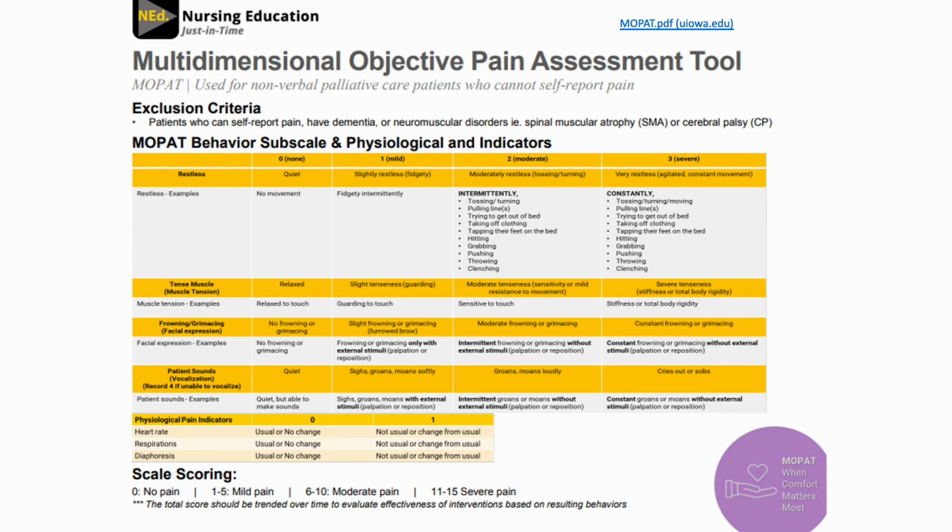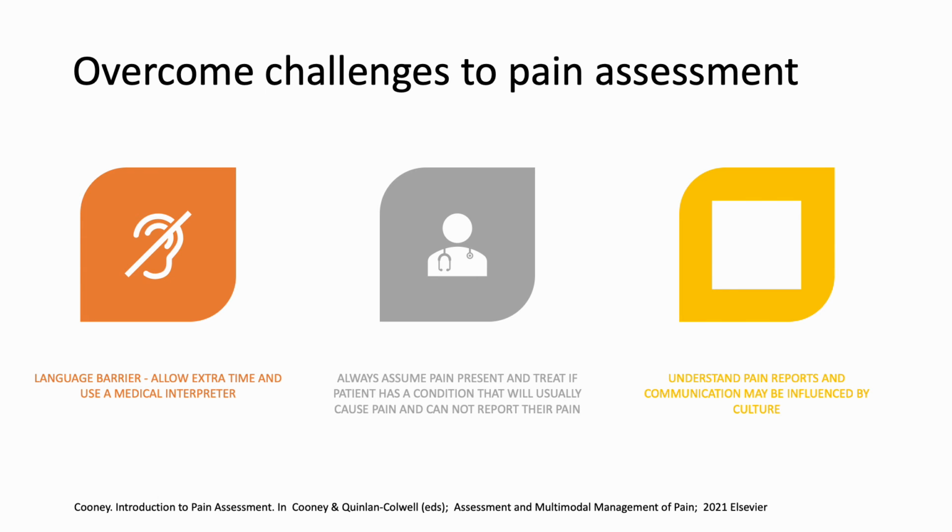Now, please note that in the development of this, they excluded people who can report pain, who have dementia, or who have neuromuscular diseases, such as cerebral palsy or spinal muscular atrophy, because that tension in the muscles may not be appropriate in terms of indicating pain because of the nature of the neuromuscular disease. We have to work to find ways to overcome challenges.